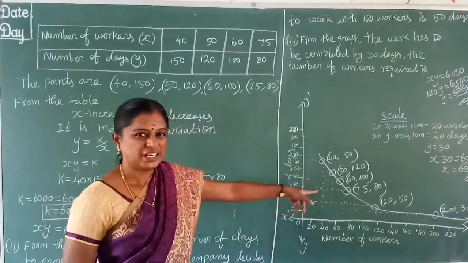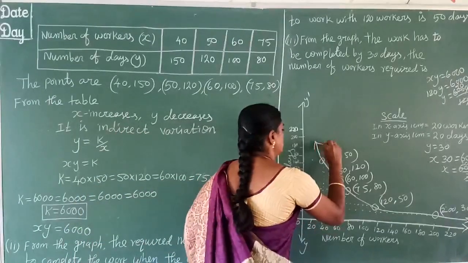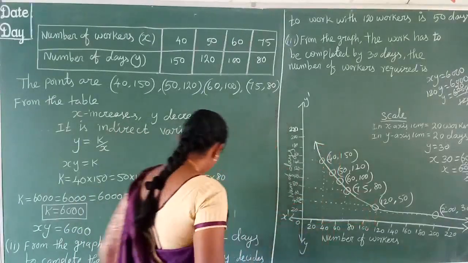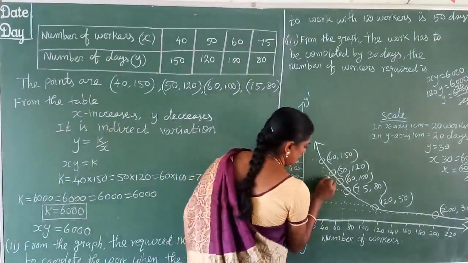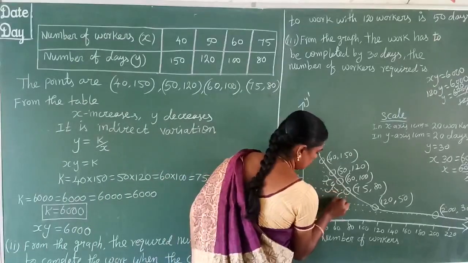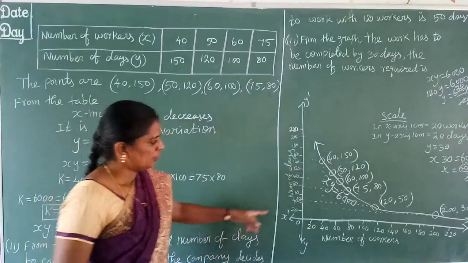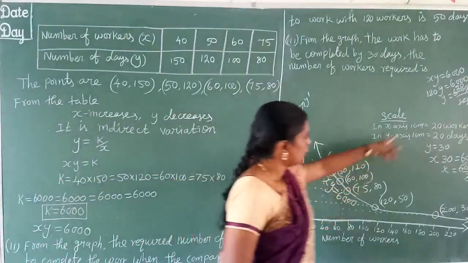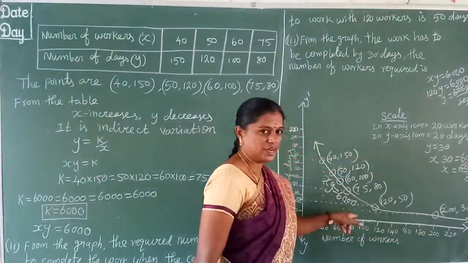So this is a rectangular hyperbola. Extend both sides and write this equation. What is the equation? xy equals 6000. So at any place you mention xy equals 6000. If you have doubt in the graph, you check in the algebraic method and then mark the values.